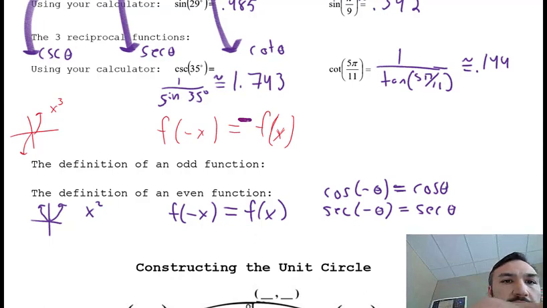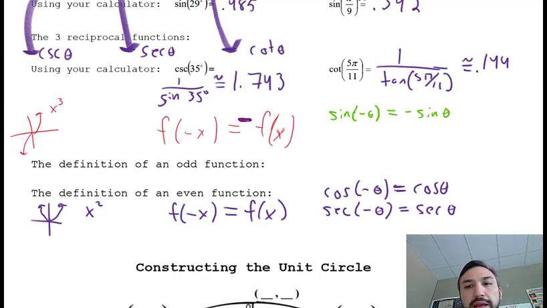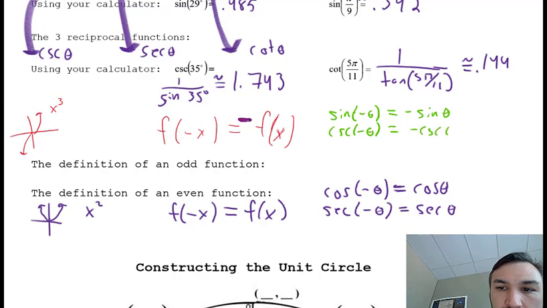Now the rest of the trig functions are going to be odd functions, so like sine. These are only equal if you multiply one by a negative. Its reciprocal is equal if you multiply it by its negative.